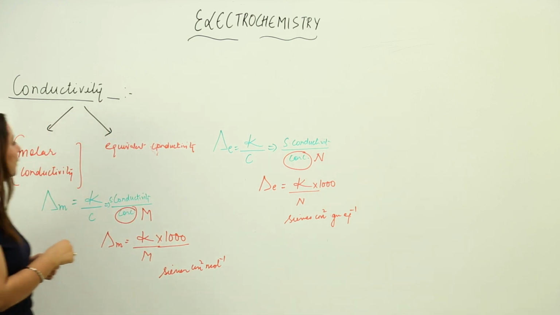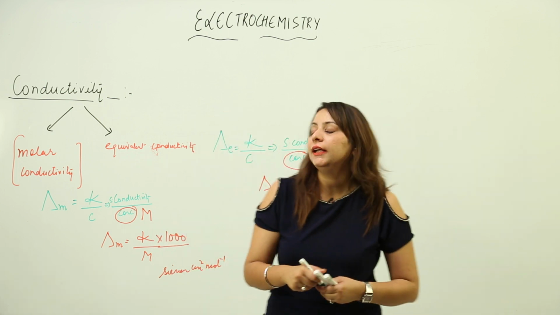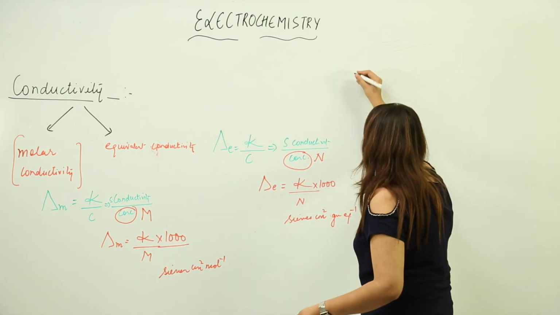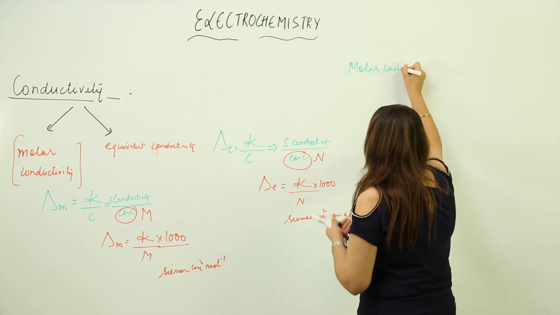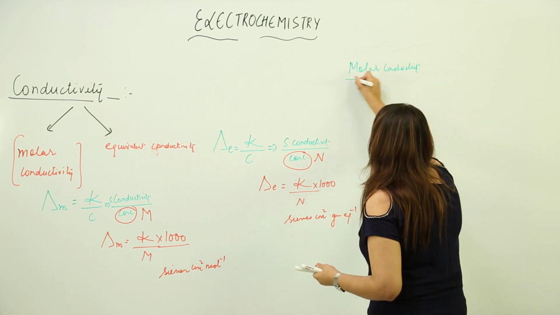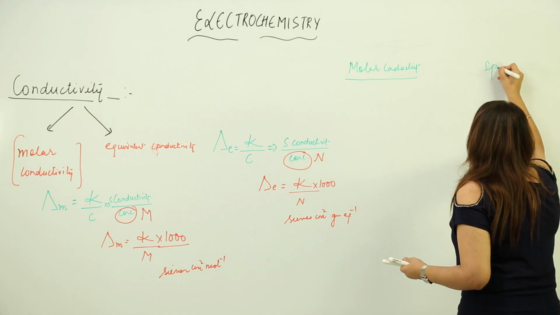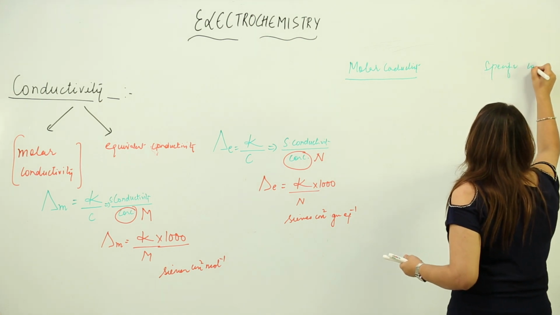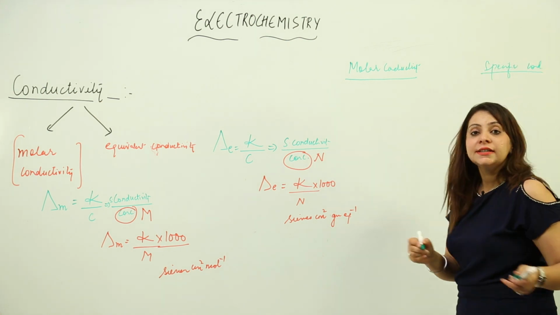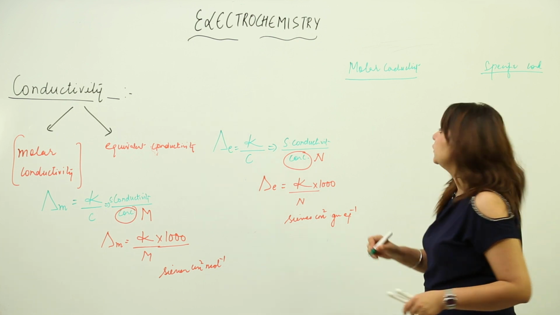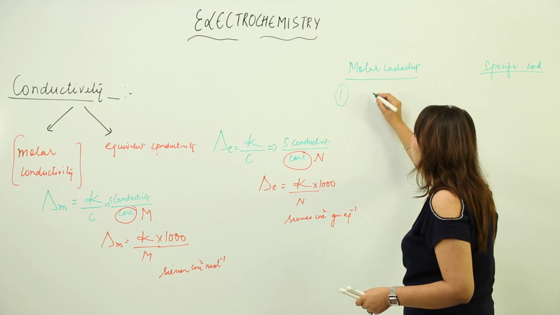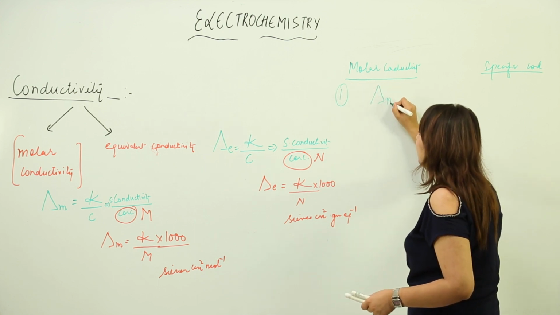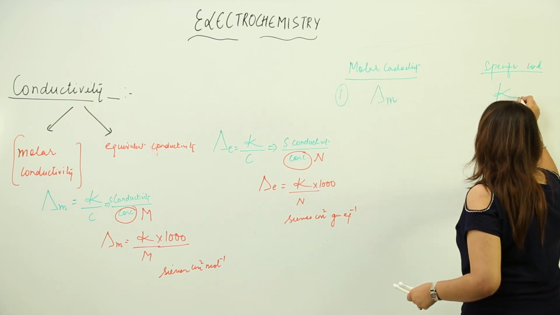Now suppose we take molar conductivity and one more thing, kappa, the specific conductivity. Now we will see what the difference is between the molar conductivity and the specific conductivity. The first difference is that molar conductivity is denoted by lambda m and specific conductivity by kappa.